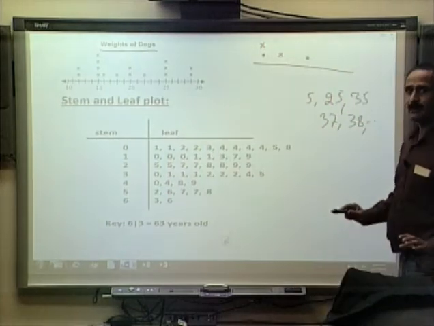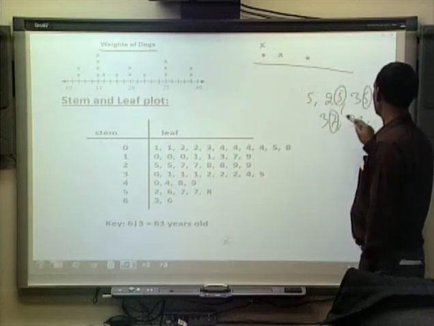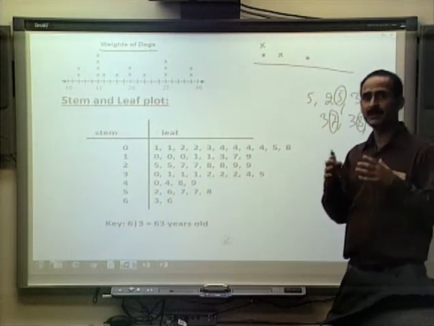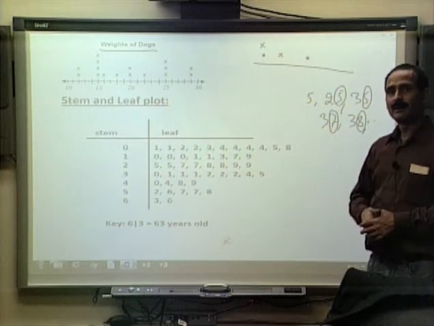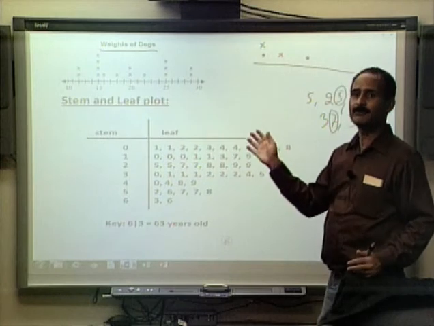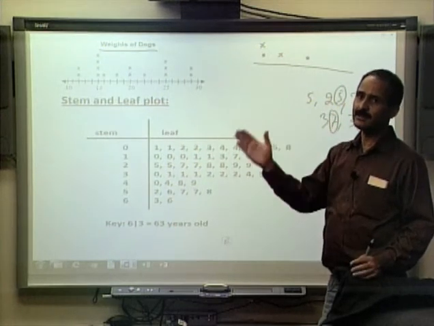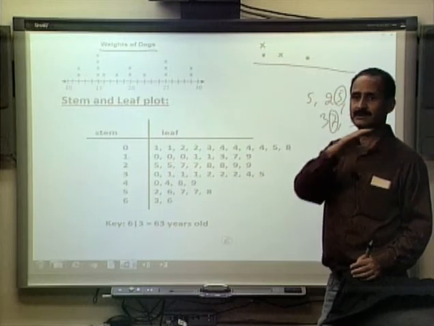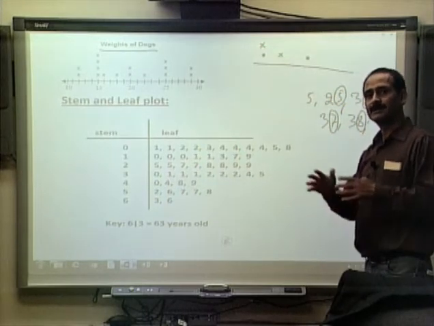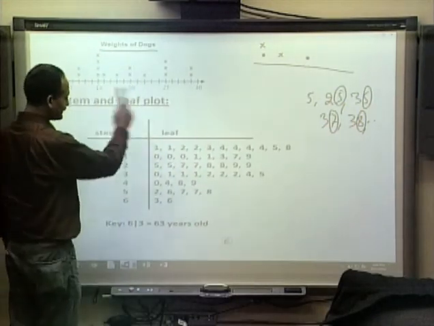In stem and leaf plot, what we do is the last digit of the numbers in the data, we use them as a leaf, and anything before the last digit is the stem. So, a stem and leaf plot will look like this.